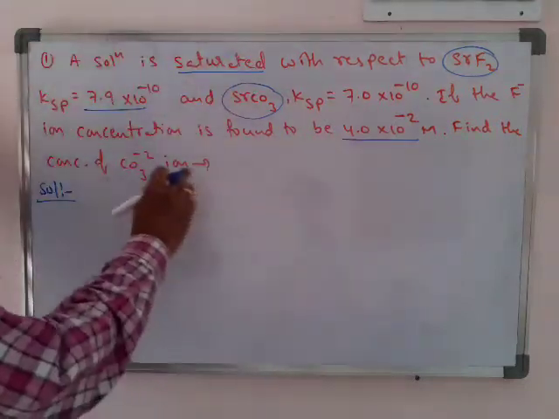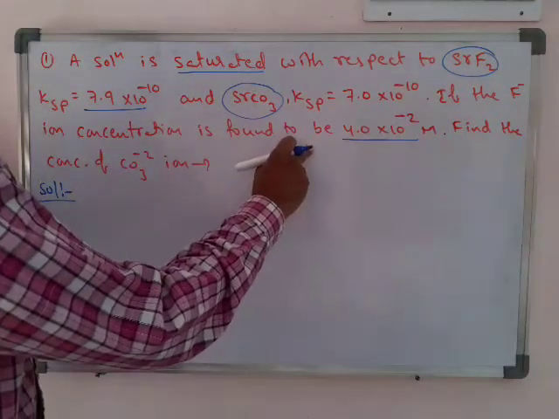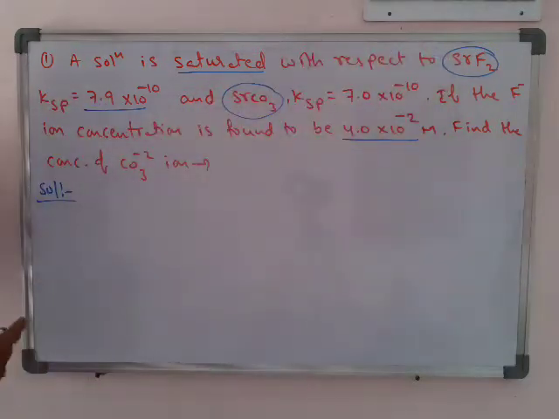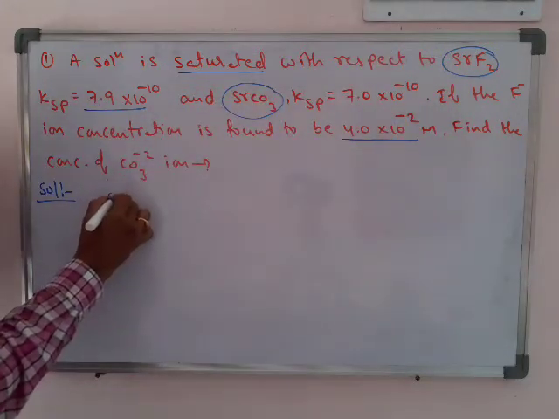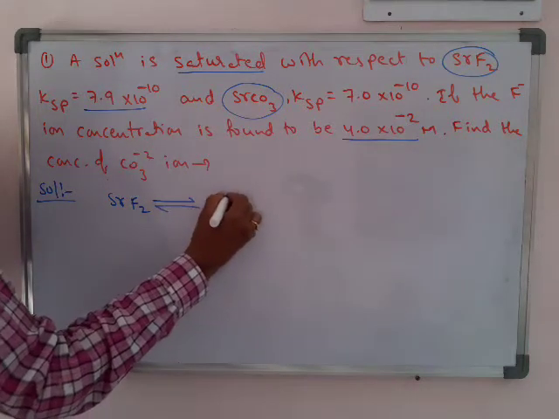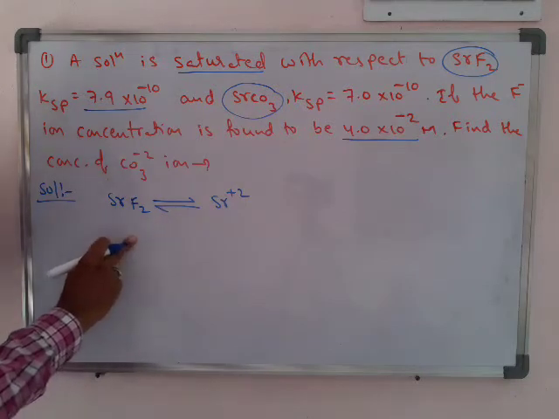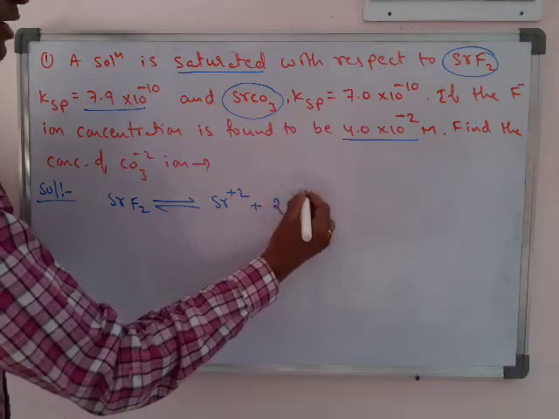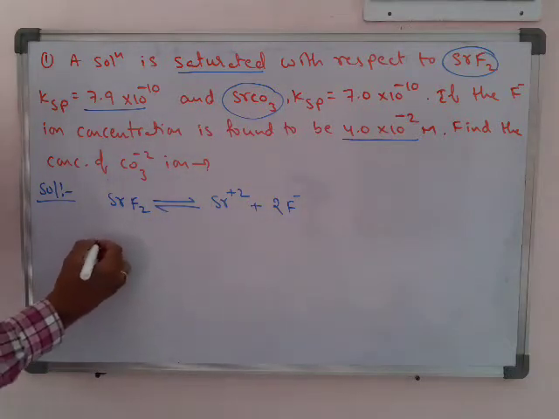So the information is given for fluoride ion. Fluoride ion is present in SrF2. So for SrF2 we can write the ion formation. Strontium is a second group element: Sr plus 2 and 2F minus. So what will be its KSP?